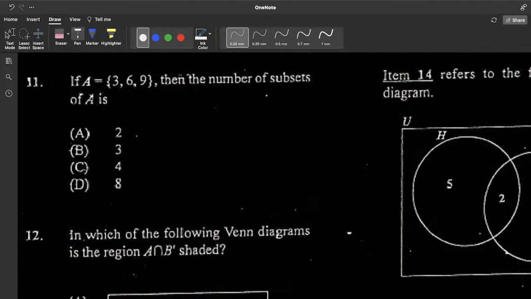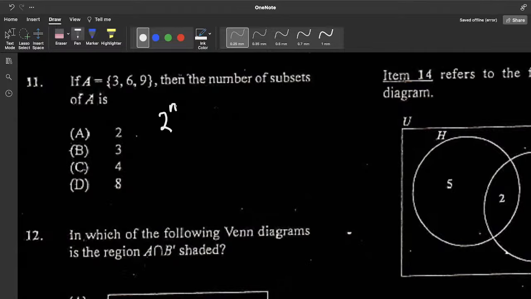Now this here is a very popular question. This comes up a lot more often than people would actually believe. This here represents the subset. Now, in order to work that out, we always have to put 2 to the power of the number of elements. So it's always 2n. No matter what it is, it's always going to be 2n.